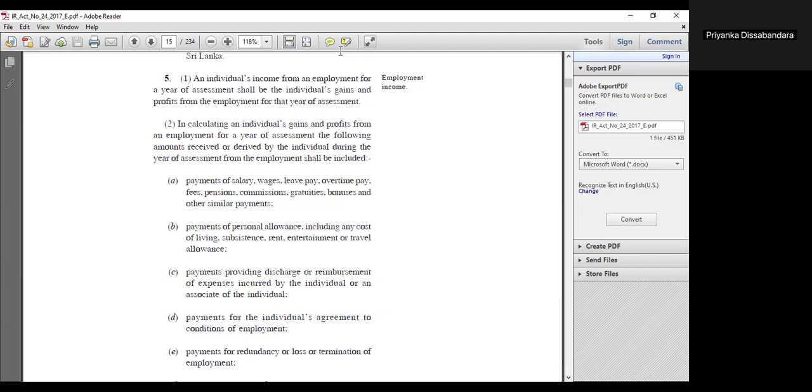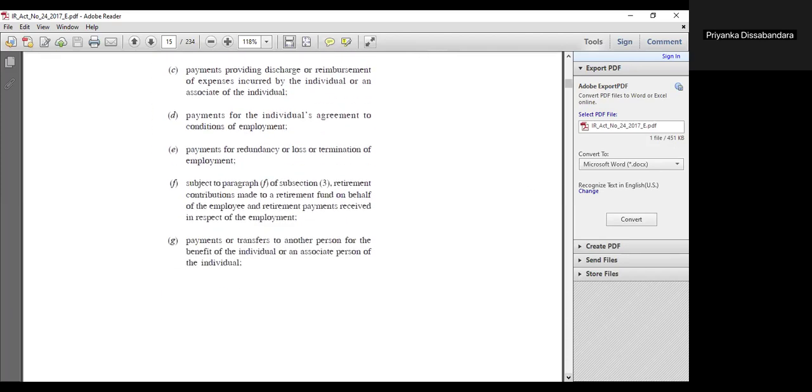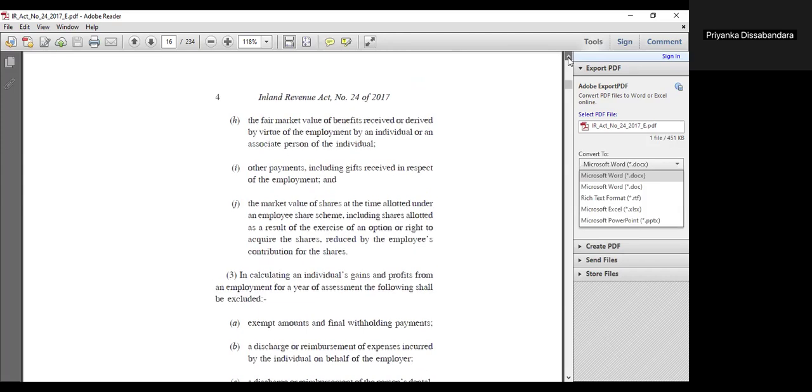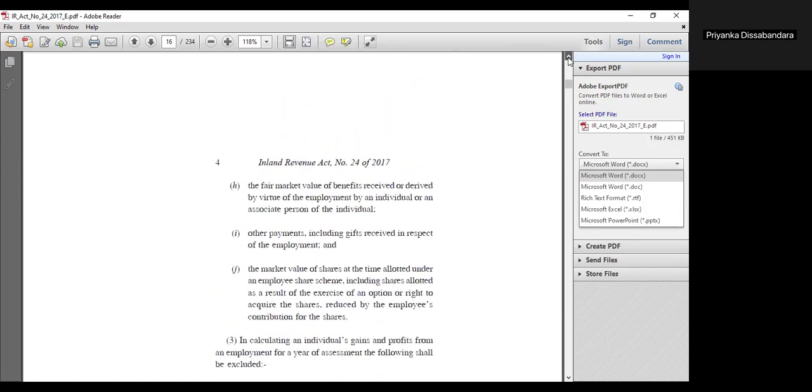So section 5 is for employment income, and this section 5 has 3 subsections: subsection 1, subsection 2, and subsection 3. Here, not only this employment income, all other 3 sources.